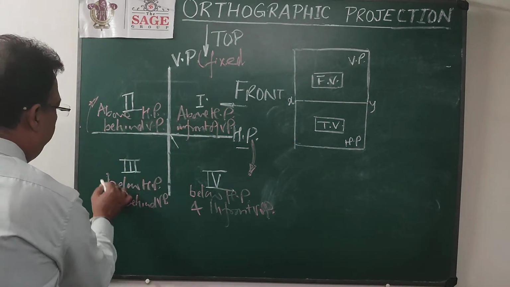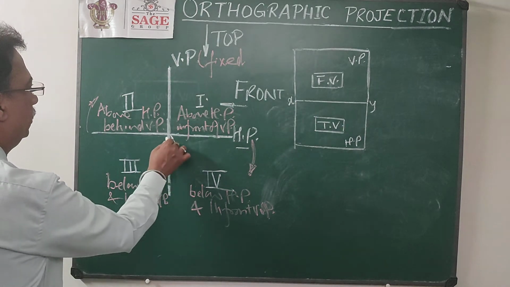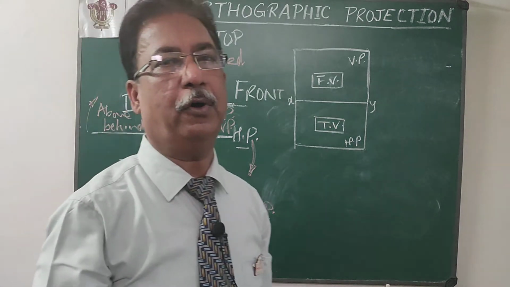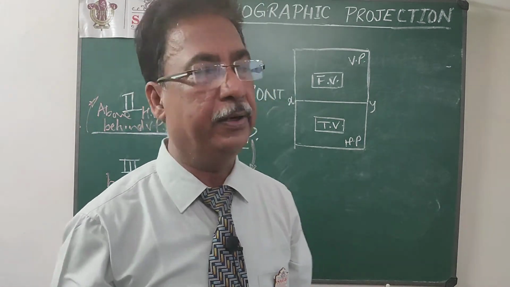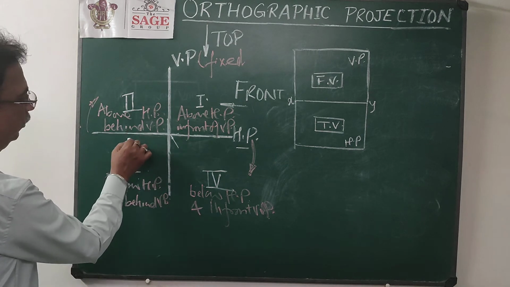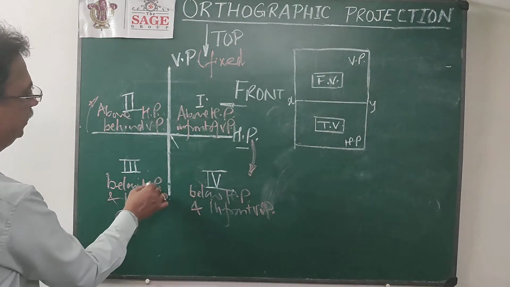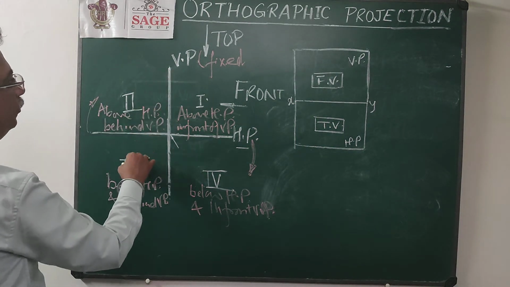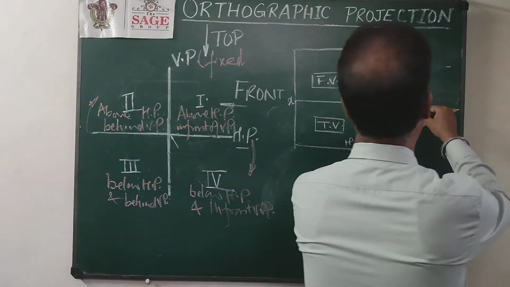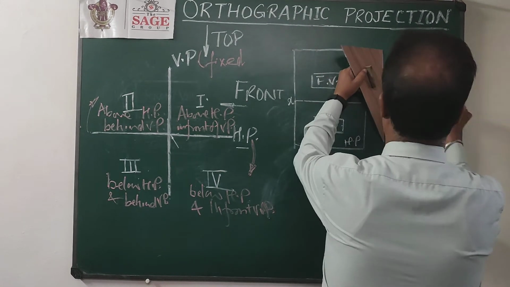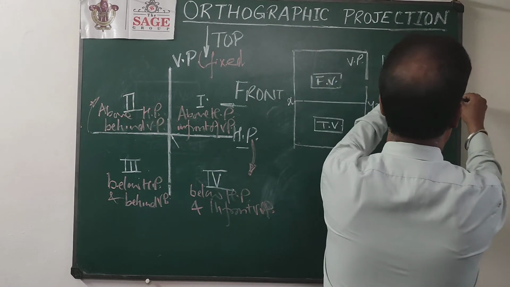But when we will go for the third quadrant, means below HP and behind VP, in this case, we will suppose that our planes are transparent, and this time again the top view will be on the horizontal plane, front view will be on the vertical plane, and the projection will be like this. This will go up, so this time the VP will be above XY and HP will come down.